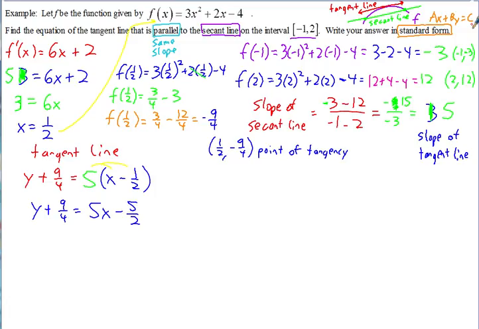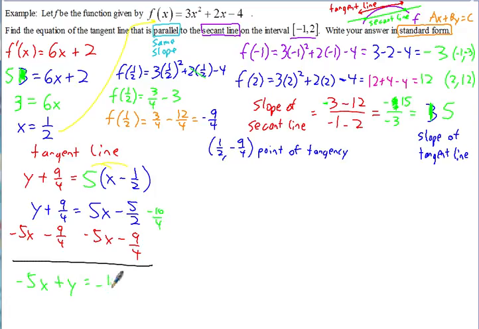So I'm going to subtract the 5x and subtract the 9/4. Doing that, you get negative 5x plus y equals, well, negative 5/2 is the same as negative 10/4, minus 9/4 is negative 19/4.